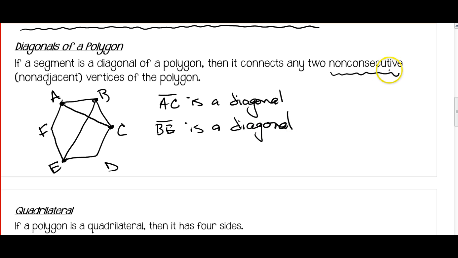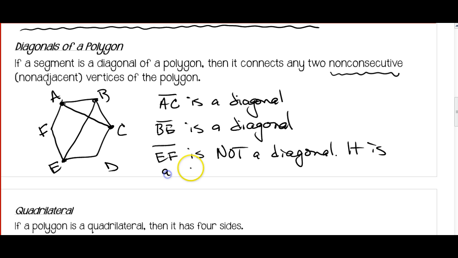Non-consecutive means if I pick EF, since these are consecutive vertices, EF is not a diagonal. It is, in fact, a side of the polygon.